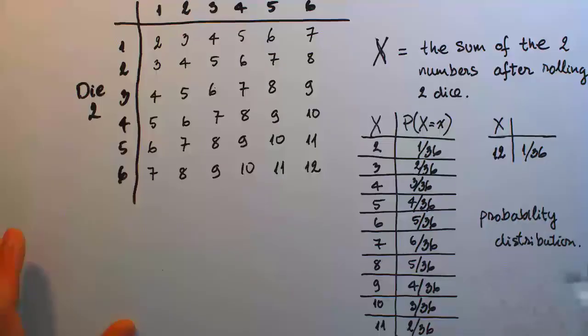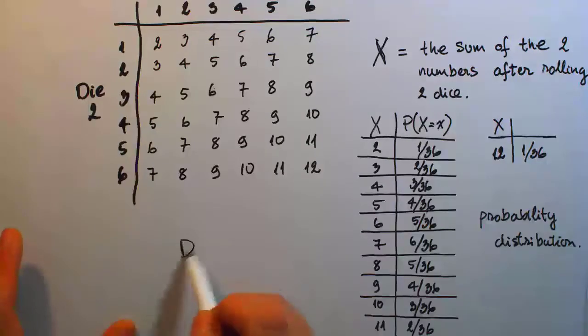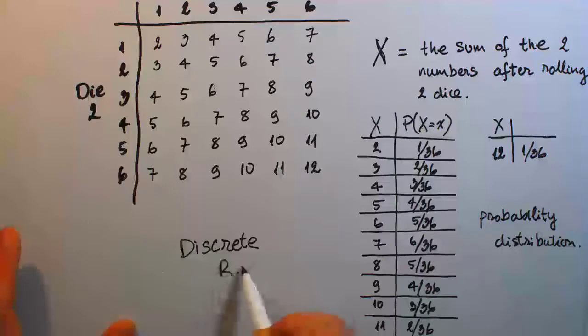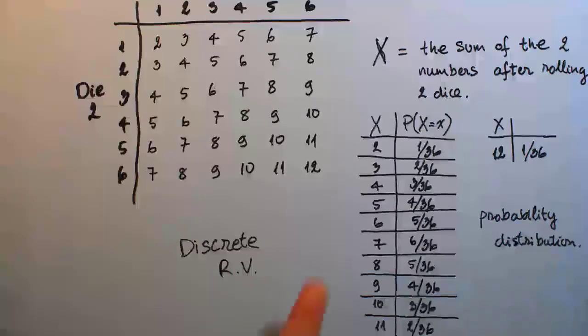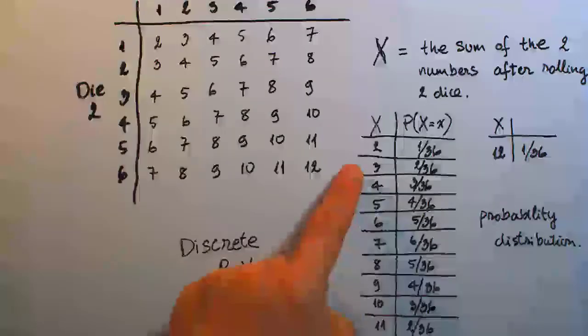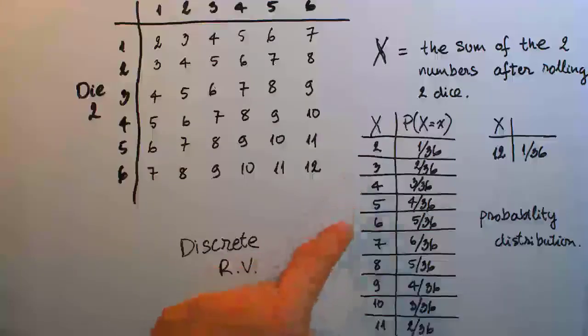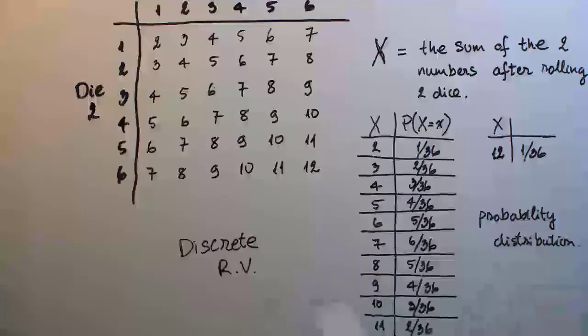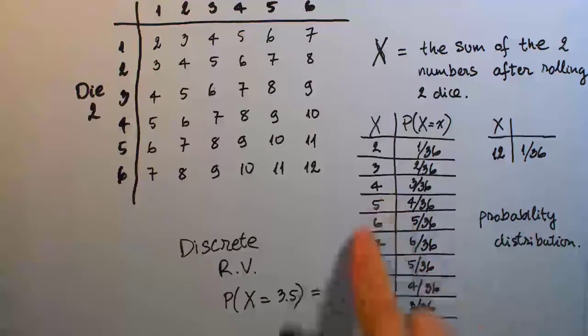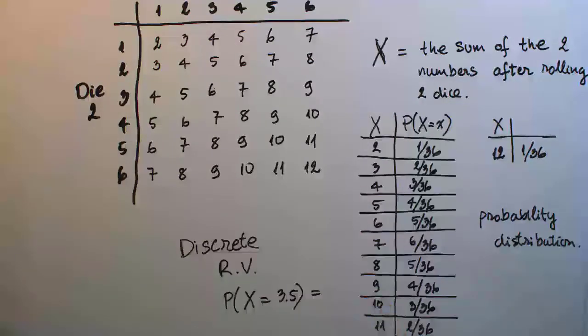Then naturally, it's going to become a discrete random variable. What we have here is another example for having a discrete random variable. And the only reason being, once again, the way how the variable was defined, that it can only have these limited number of values. If we're looking at finding the chance that our sum of the two dice rolling to a 3.5, for example, that chance is completely off this table, completely off this probability distribution. So that chance is a 0 chance.